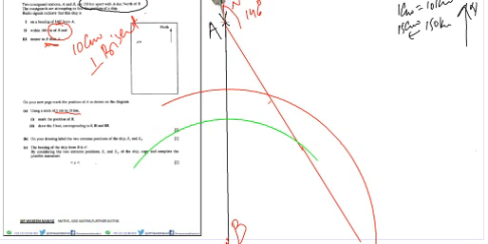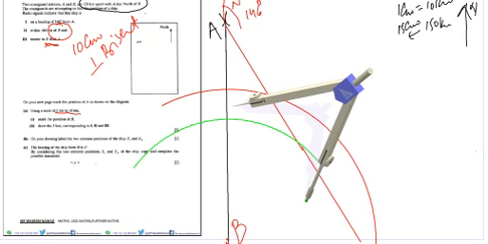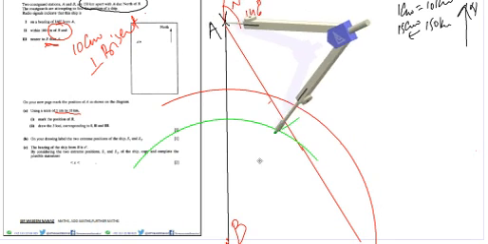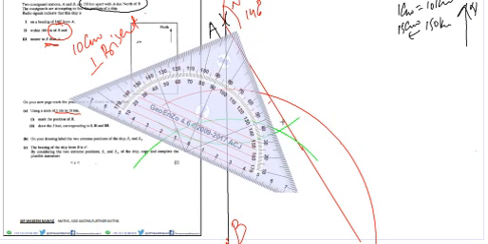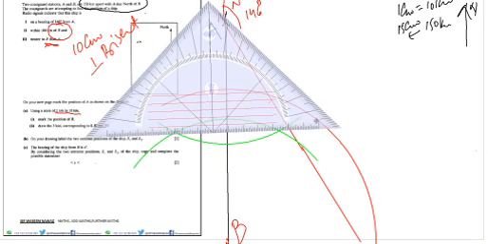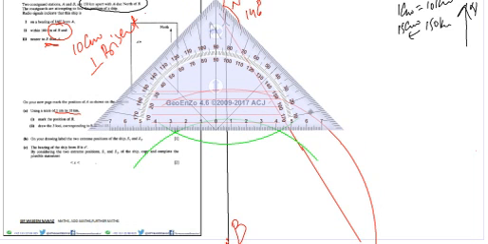So we'll draw a straight line, and this will be our perpendicular bisector.